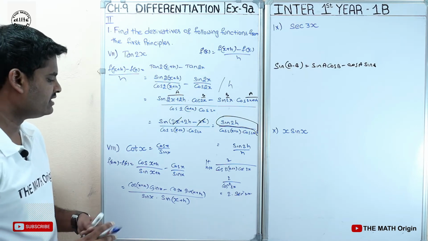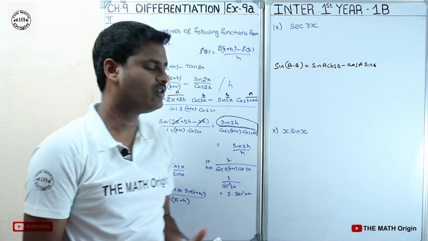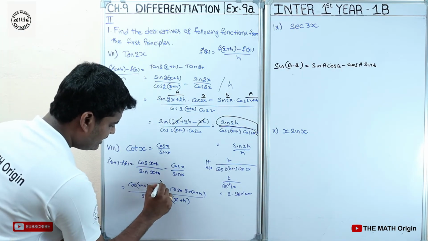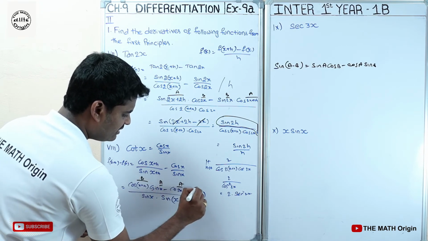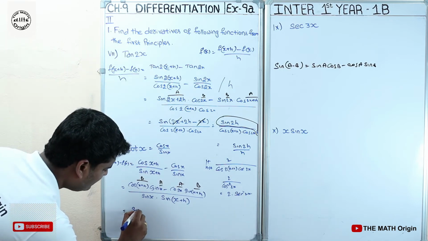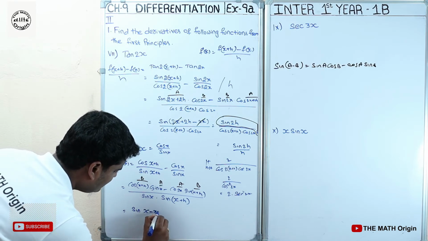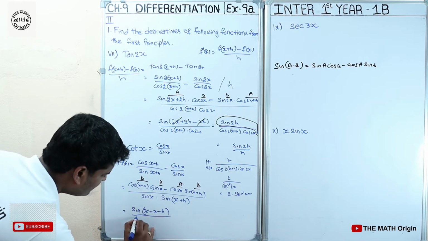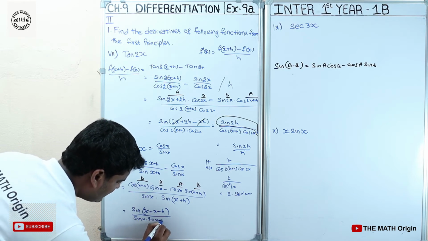Now if you see the similar formula, sin a minus b equals sin a cos b minus cos a sin b. Here you can take this as sin a cos b minus cos a sin b. Therefore, the value is sin of a minus b, where the value is x minus x plus h, whole divided by the same sin x into sin of x plus h.